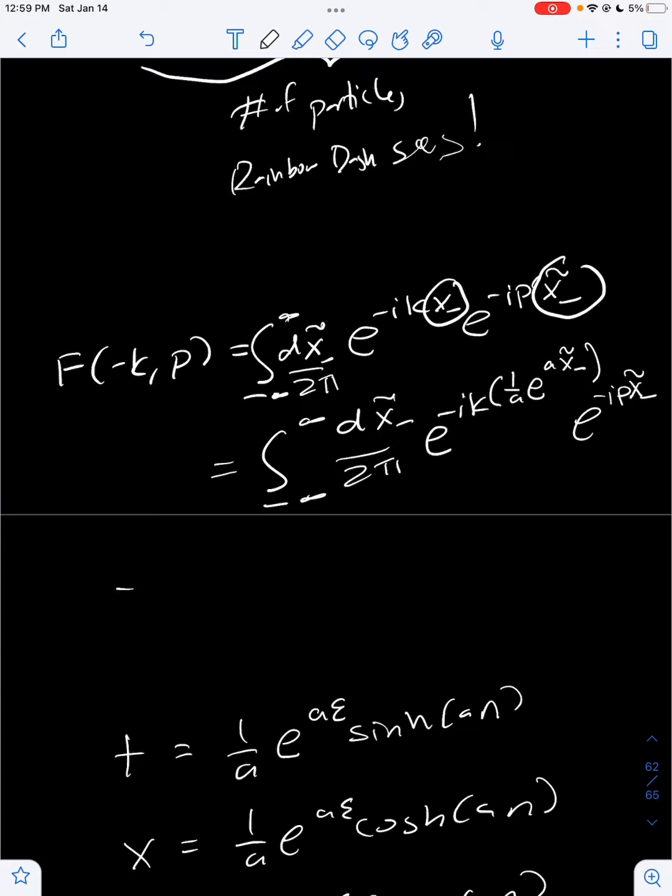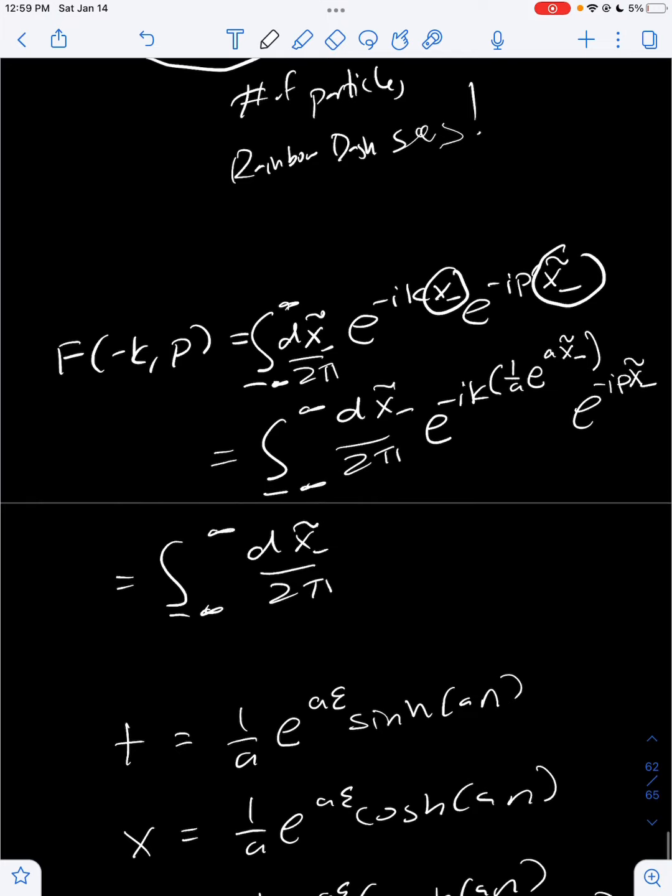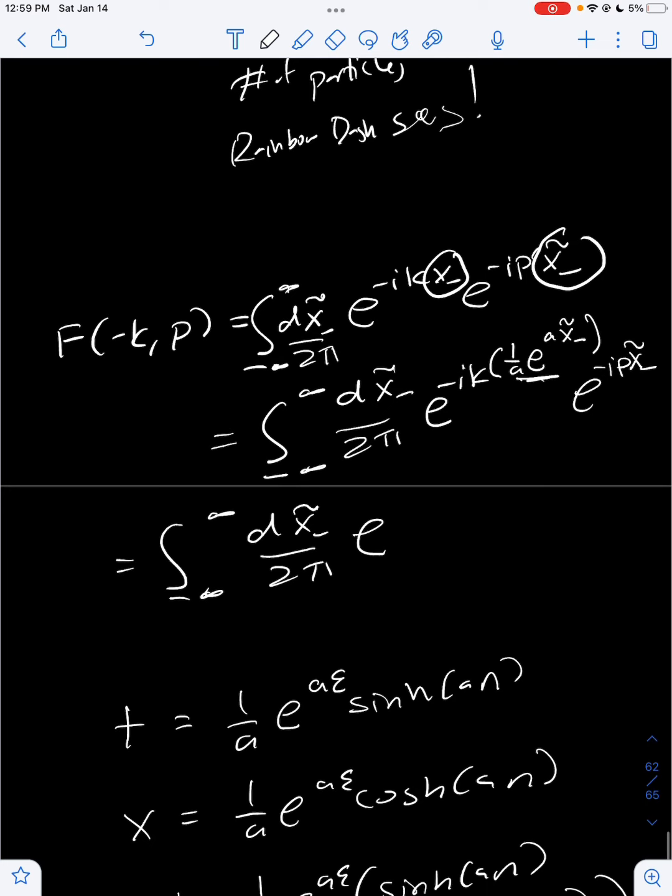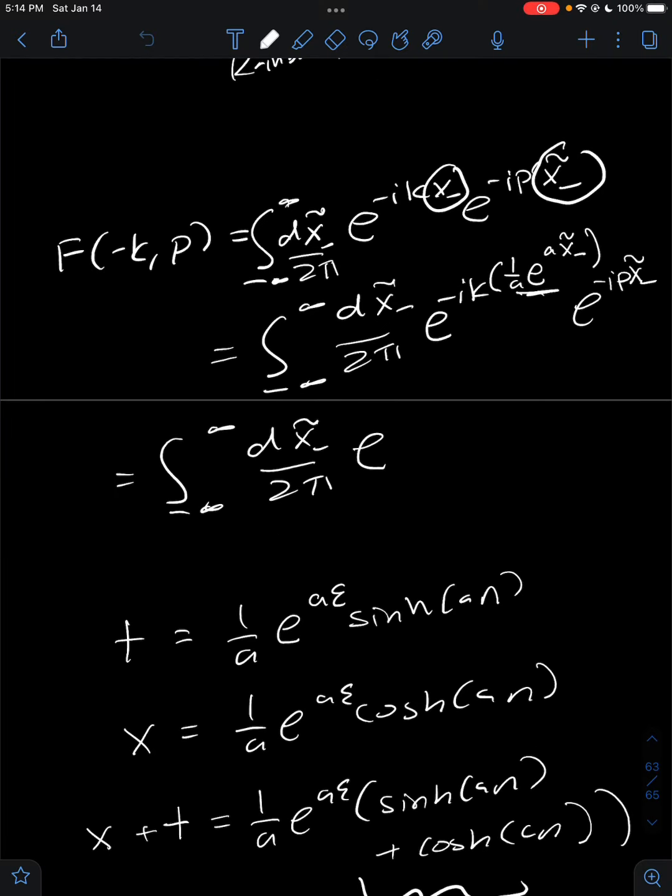This is going to be equal to this. And then this is going to be raised to that. So really it's going to be e to the minus i k over a times e to the a x tilde minus, because we can multiply them, and then times e to the minus i p x tilde minus.